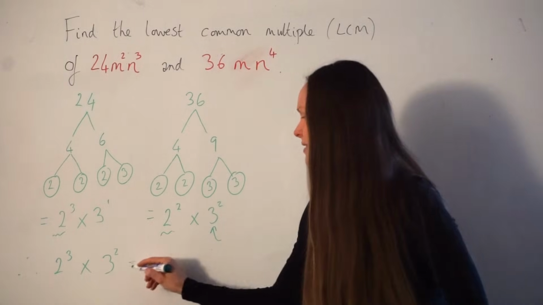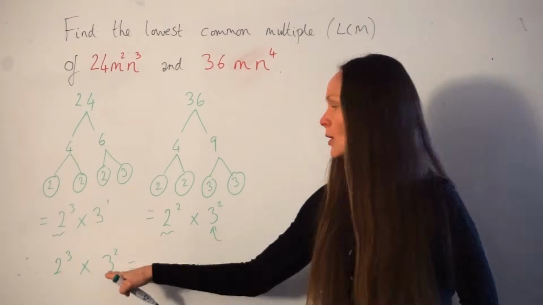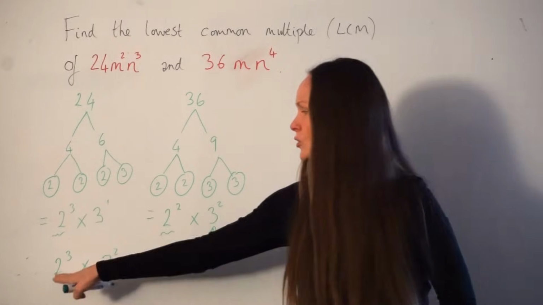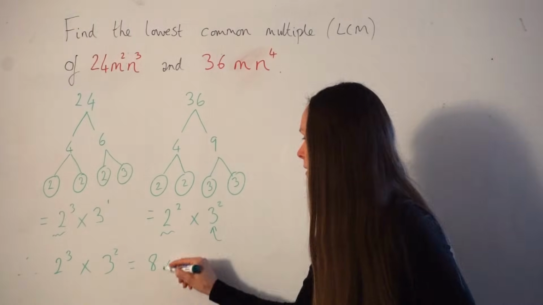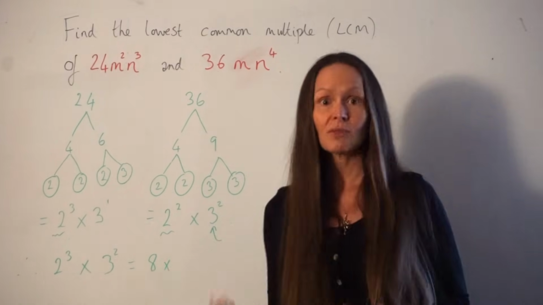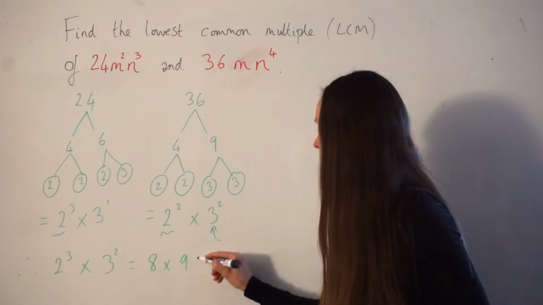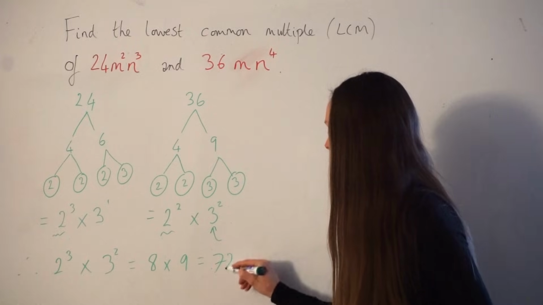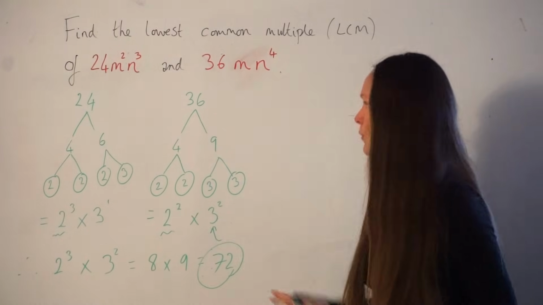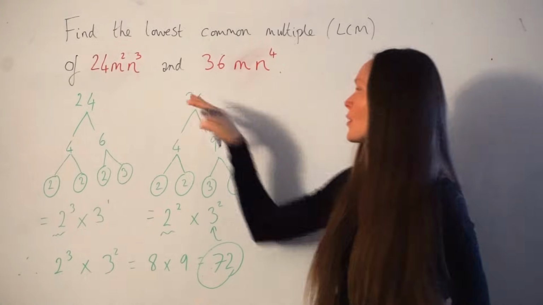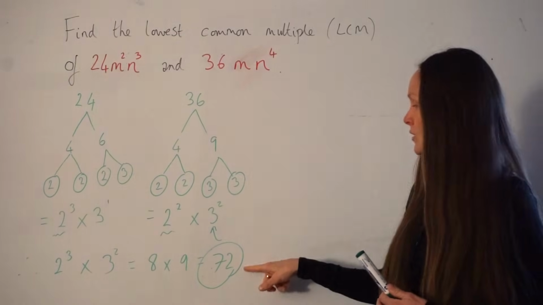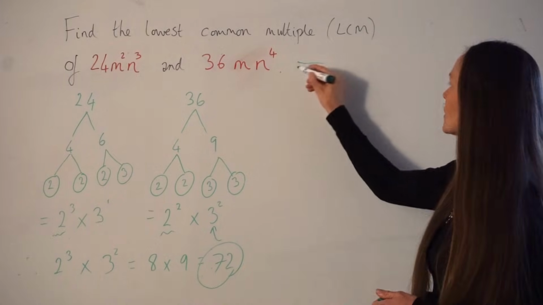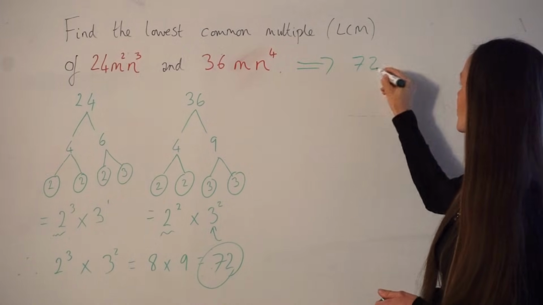So the LCM is 2 cubed multiplied by 3 squared. 2 cubed is 2 times 2 times 2, which is 8, and 3 squared is 3 times 3, which is 9. And 8 times 9 is 72. So there's the LCM for the two numbers here, 24 and 36. It's the smallest number that both of them fit into. So that's the first part of the question, 72.